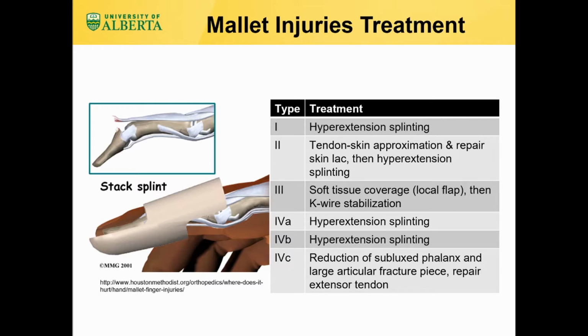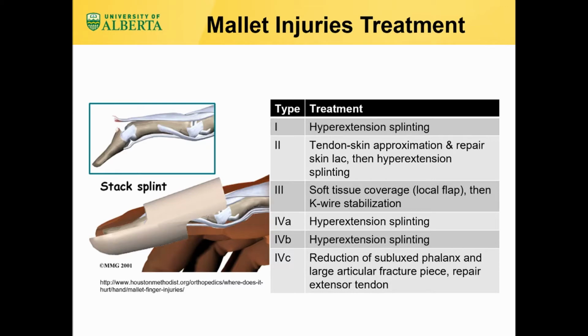Recall that this fracture piece is still attached to the extensor tendon. When the avulsion occurs, the tendon pulls the fracture piece 90 degrees to the normal joint axis. It is possible to perform a closed reduction of these fractures with percutaneous pinning if seen early, but open reduction is often necessary to achieve adequate reduction and joint surface articulation.